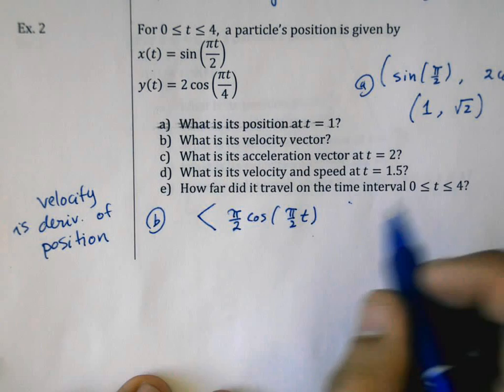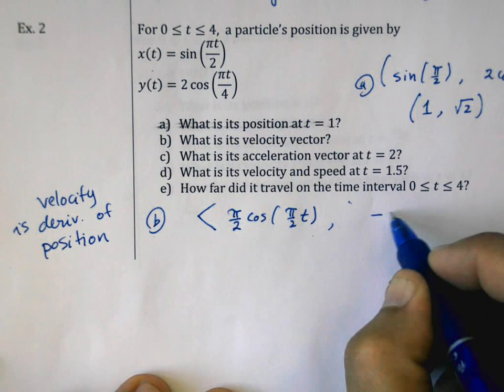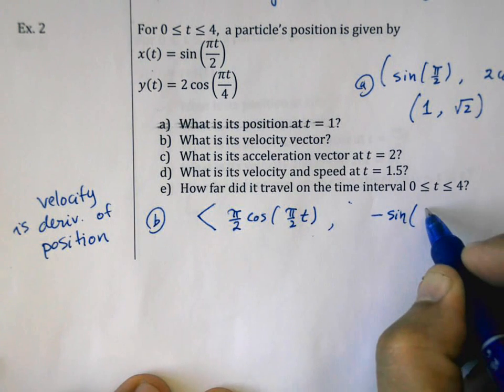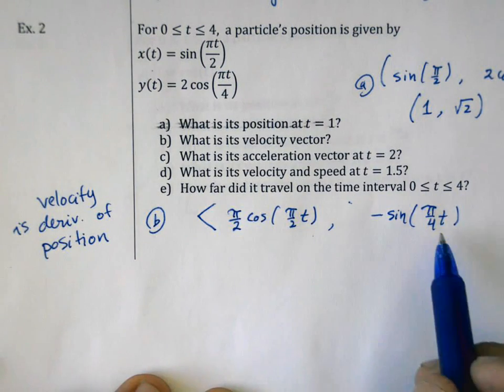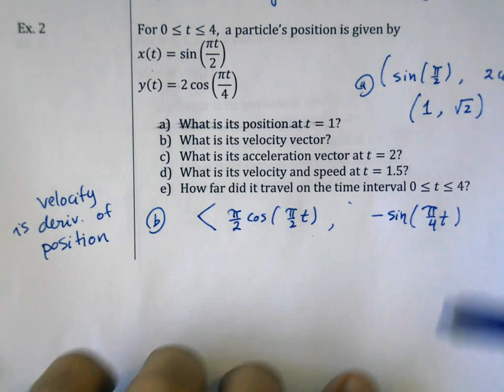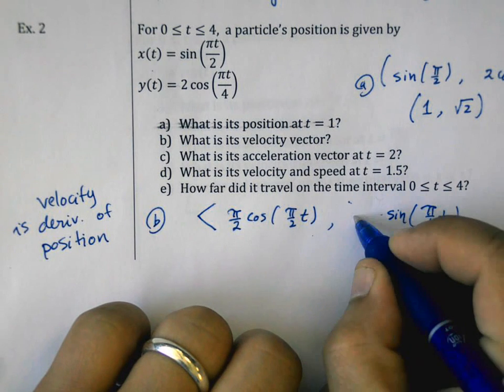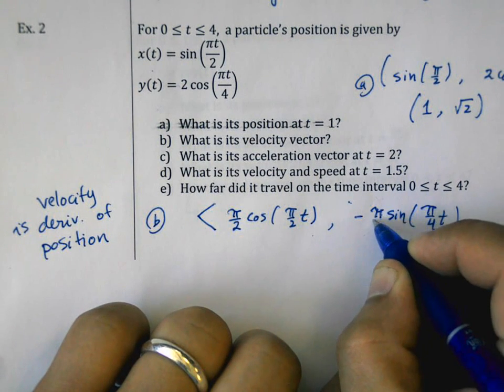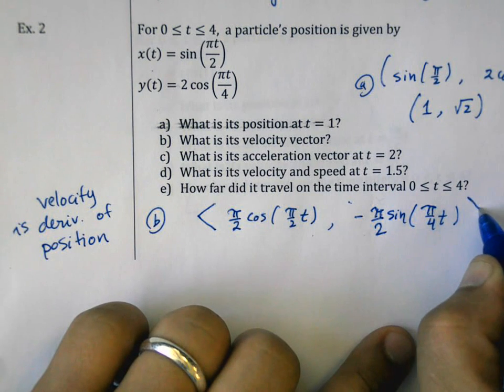Derivative of 2 cosine pi over 4 t is negative sine pi over 4 t. Then you have to multiply by the 2 and multiply by the pi over 4. So working all that out, we get negative pi over 2 sine of pi over 4 t.